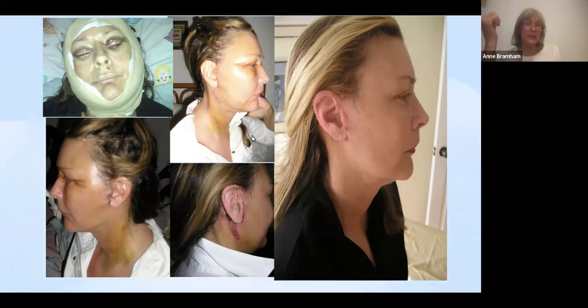To be honest, when I saw her before her surgery, because I always treat at least 3 times before the surgery because we want to make sure that the fluid is as pristine as possible, that reduces the risk of infection.